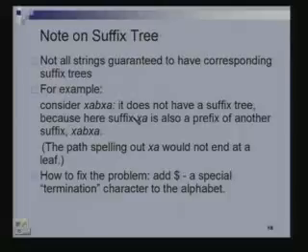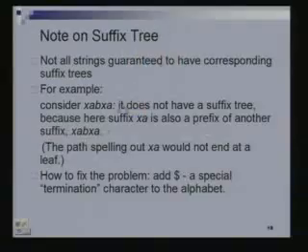This was the problem that someone had pointed out very briefly in the beginning. If one word in my trie is contained in another word, is a prefix of the other word, what happens? So the same thing. Suppose my text is XAB XA.